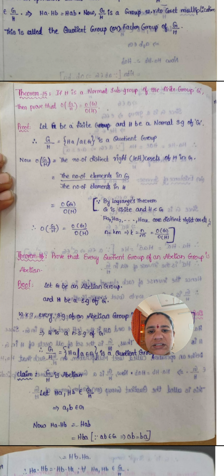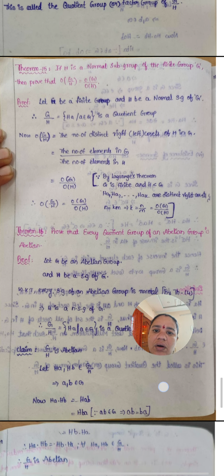The order of G/H is equal to the number of distinct right cosets of H in G, which is the number of elements in G divided by the number of elements in H. Since by Lagrange's theorem the order of H divides the order of G, the order of G/H is equal to the order of G divided by the order of H.